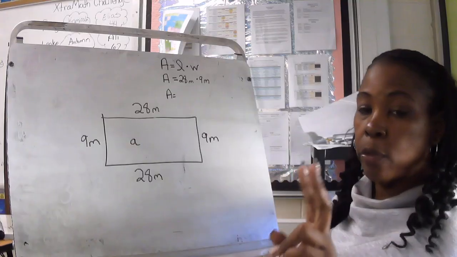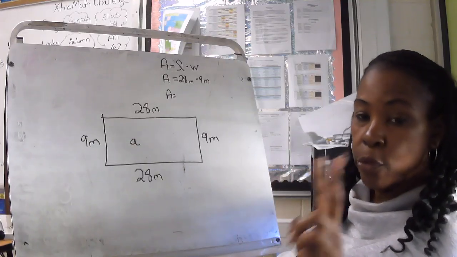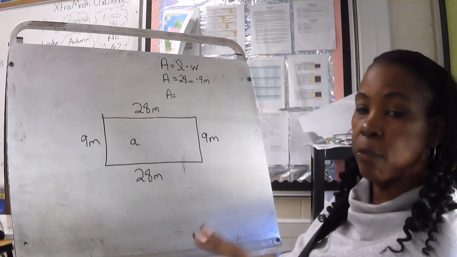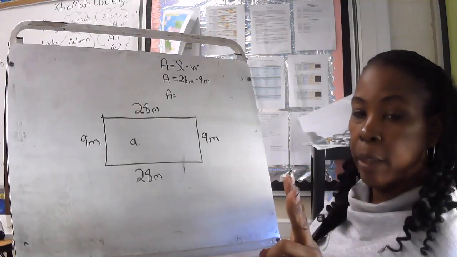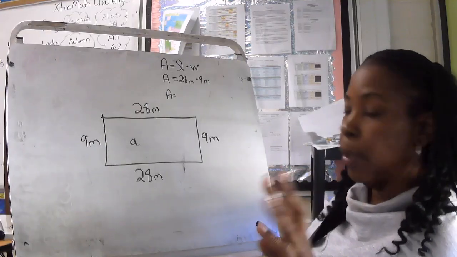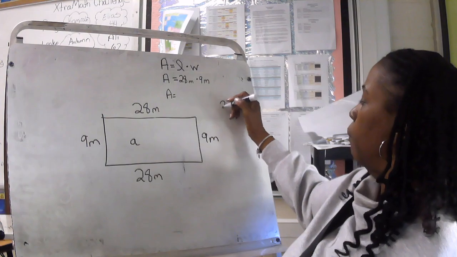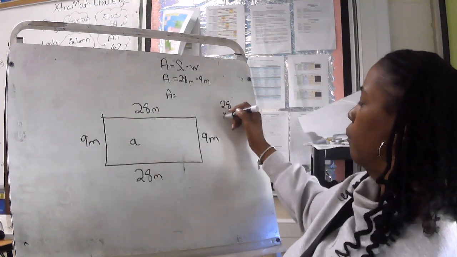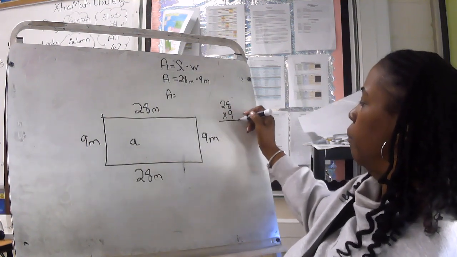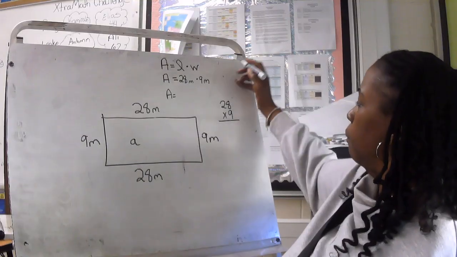Okay? So I want you to do at least 2 ways to check to make sure your multiplication is right. You can do standard algorithm, area model, or distributive property. So I'm going to start here with standard algorithm. Let me do my multiples of 9.